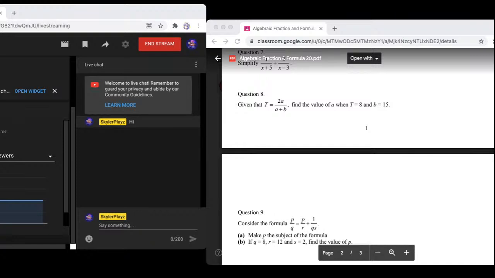When t is equal to 8 and b equals 15, simply 8 equals 2a divided by a plus 15, and then 8a plus 120 equals 2a. 6a plus 120 is equal to 0, so that a is equal to negative 20.